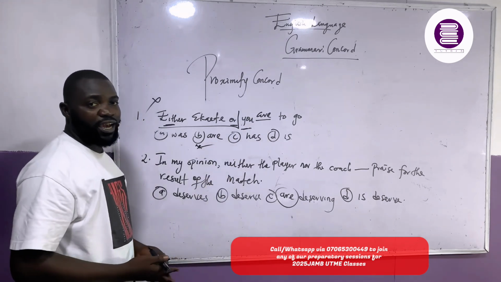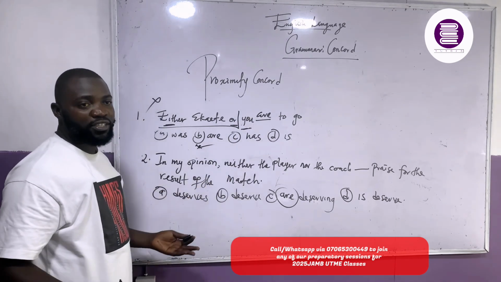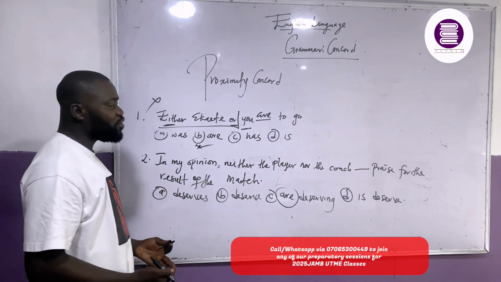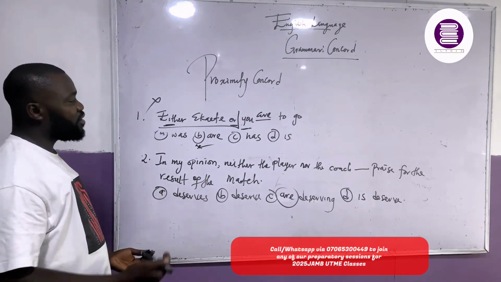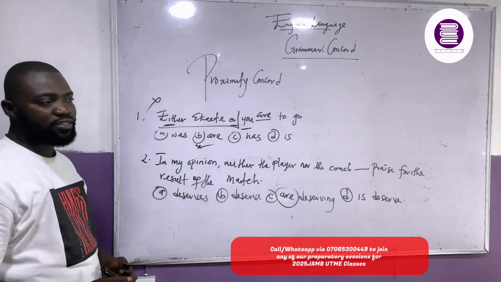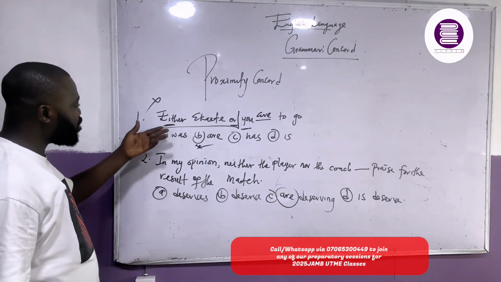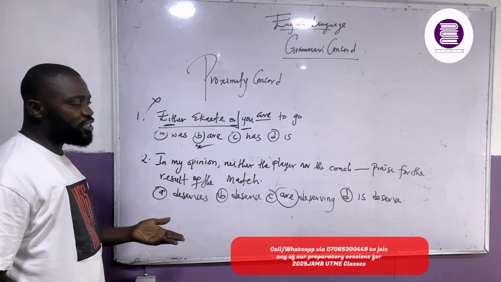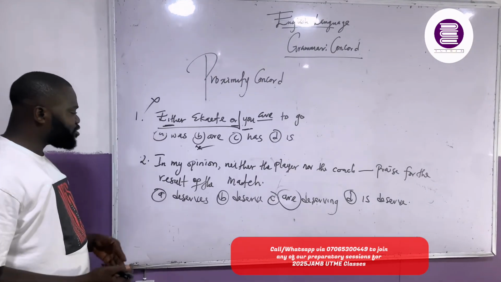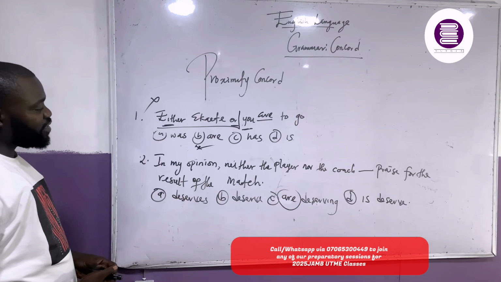This is the right answer. Going by proximity Concord, we say that the subject nearest to the verb will be the one to determine the kind of verb to be chosen as the right verb in a sentence where we have the subjects being connected by correlative conjunction.